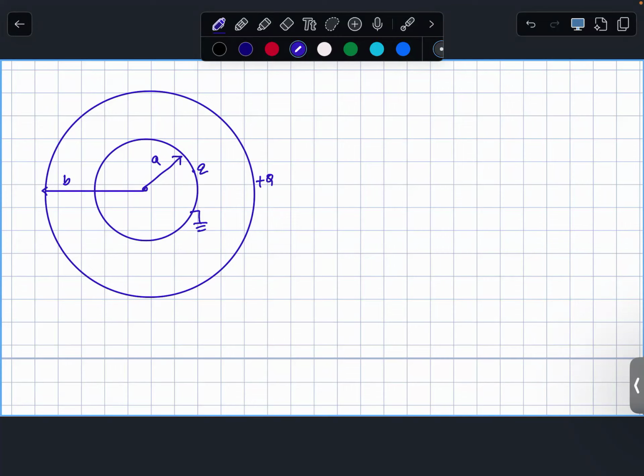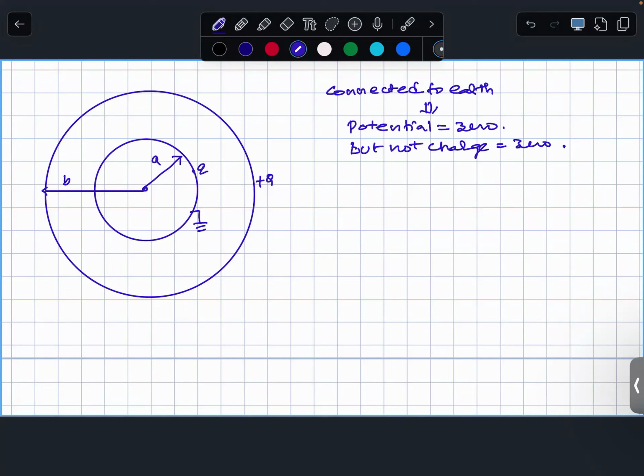Let it be Q. Remember, for whatever may be the condition, the potential at this point must be 0. Why? It is connected to Earth. Remember, connected to Earth implies potential is 0, but not charge is equal to 0.